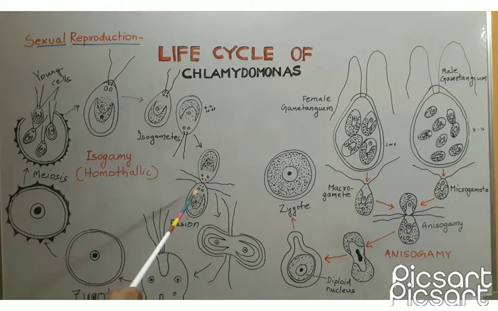Fusion occurs between two isogametes at their anterior end, and this fusion leads to the formation of a diploid zygote, and the zygote undergoes meiosis that results in the formation of 4 haploid zoospores which can mature to form a new Chlamydomonas. This is about isogamy.